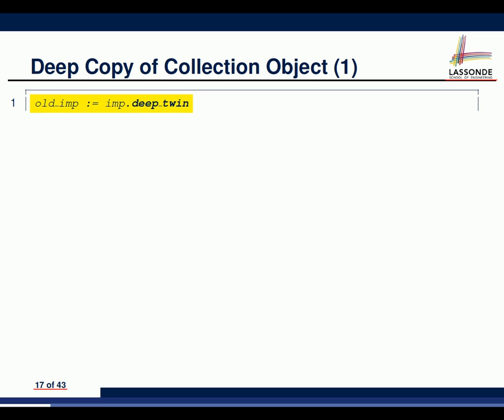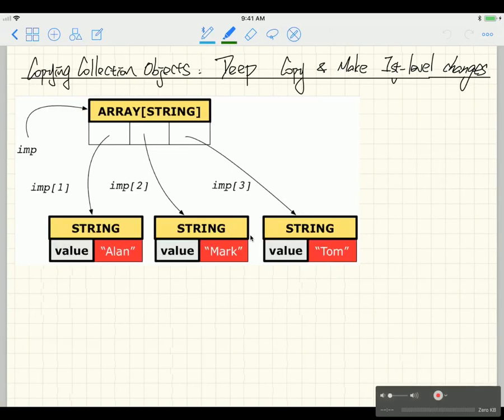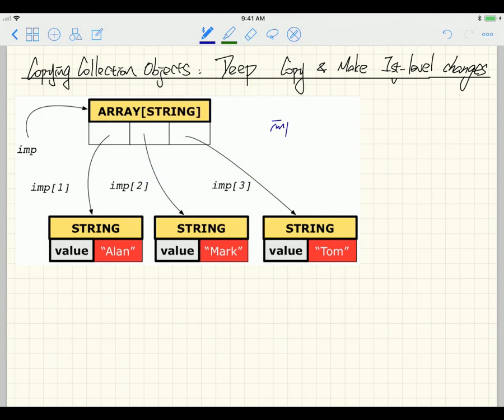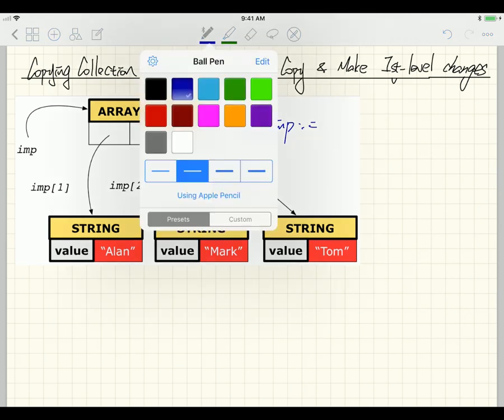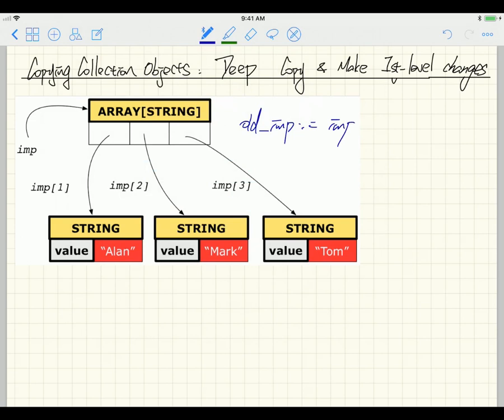Let me show you just on this diagram here very quickly. Let's say over here, old imp is assigned to imp.deepTwin. That's what we are trying to do. In this case, let's see what we can do.